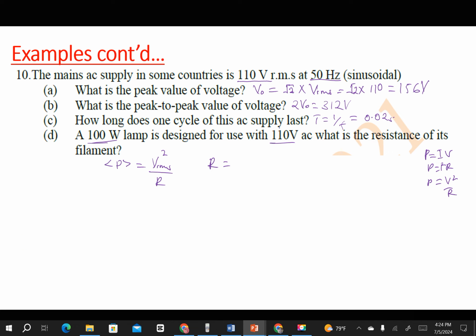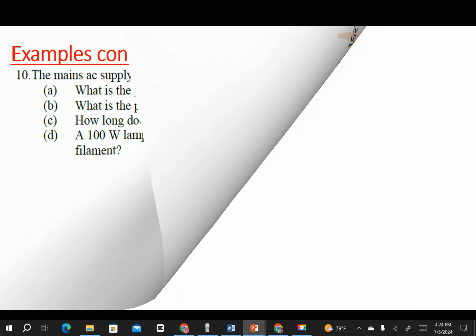R is going to be V squared, which is 110 squared, divided by average power, which is 100. When you press your calculator, this is equal to 121 ohms. Okay, I think that is fine.